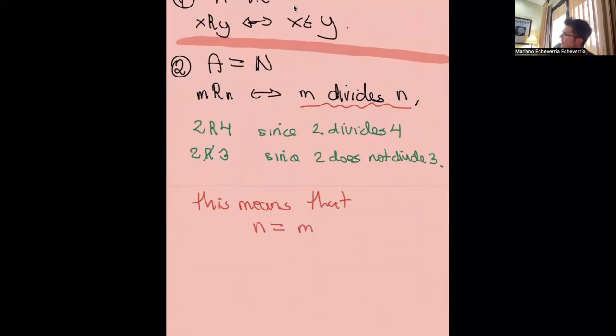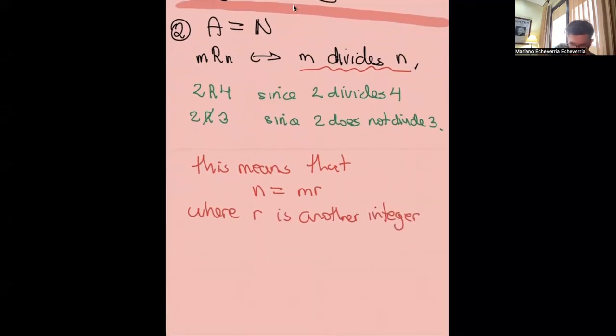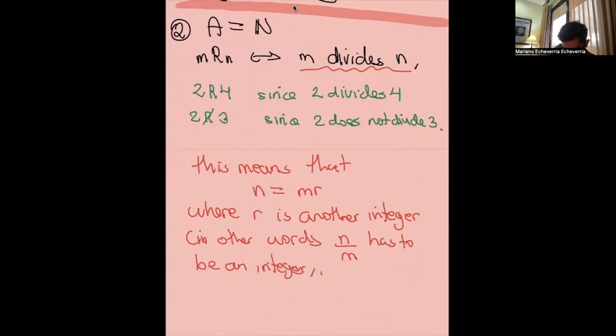Let's call this other integer r, for ratio, where r is an integer. In other words, n over m has to be an integer, which is r.